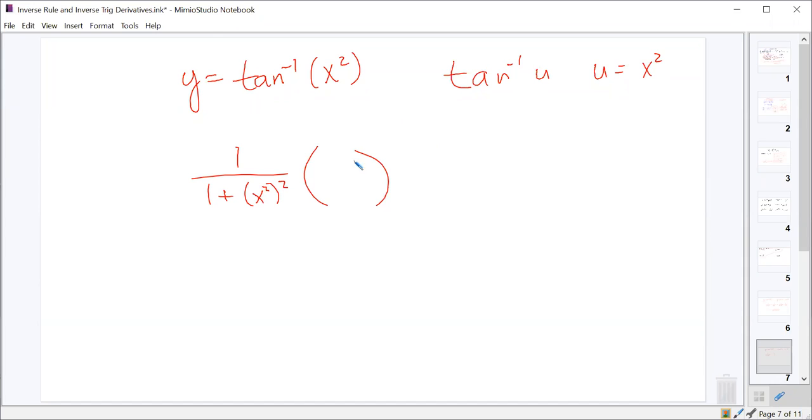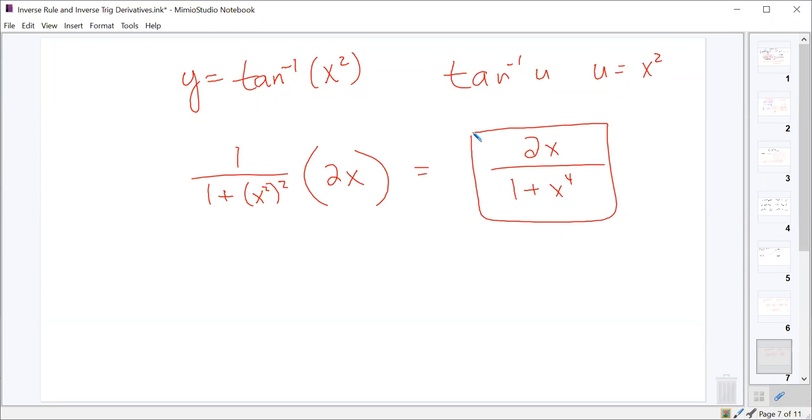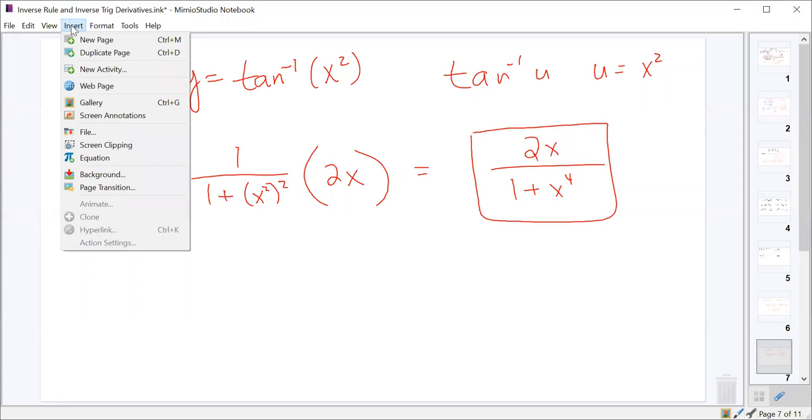And then we have to multiply that by the derivative of u, which is 2x, and we end up with 2x over 1 plus x to the 4th. Good or no? Good. All right. And one more.